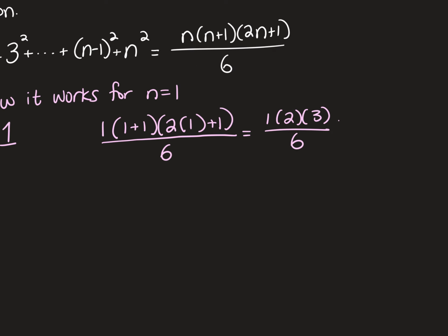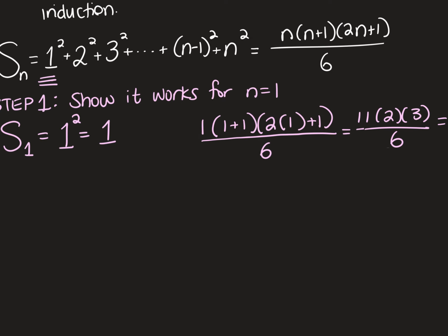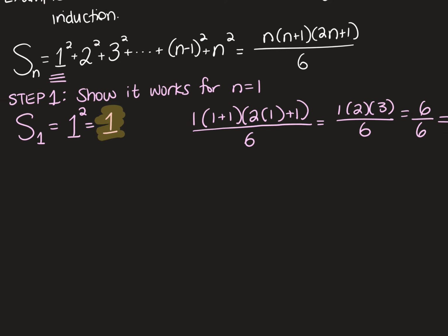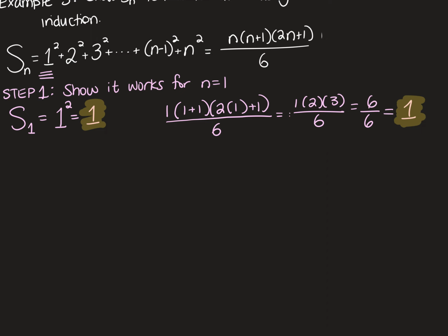Then I've got 6 over 6, which is 1. So what I've done is I've shown that it works for that n equals 1 term, because I get the same thing whether I use the formula or I generate the terms in the sequence. Okay, so that's the very first step that we have to take. We've got to have a baseline. This is our baseline. Show it works for the first term.